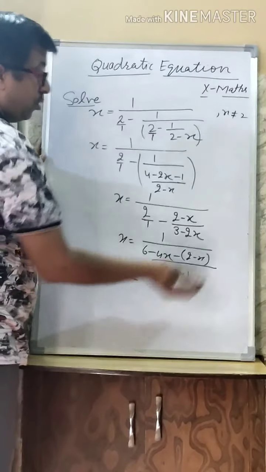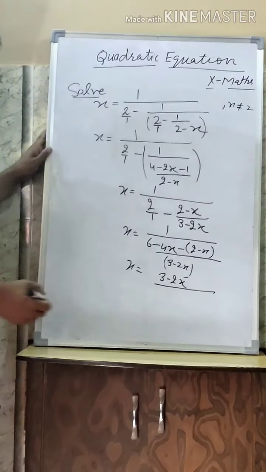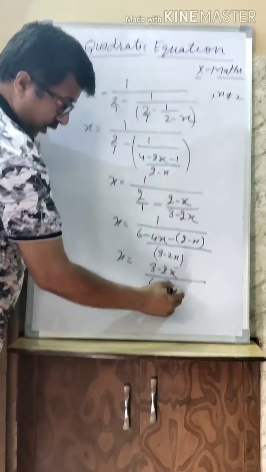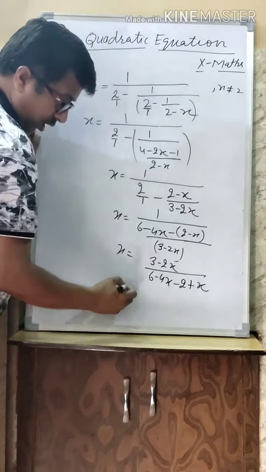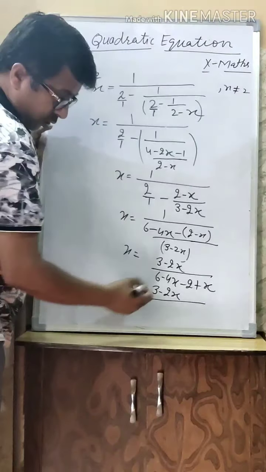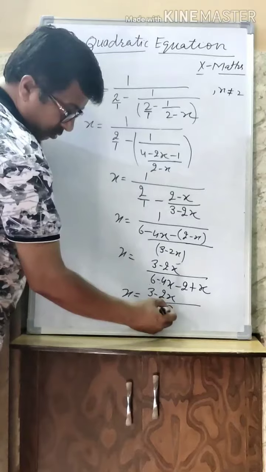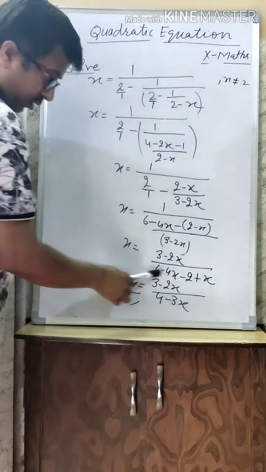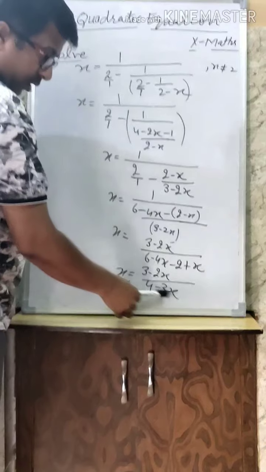So x is equal to the reciprocal of this, 3 minus 2x upon 6 minus 4x minus 2 plus x. Again x is equal to 3 minus 2x upon 6 minus 2, 4, minus 4x plus x, minus 3x. So what will you do next?